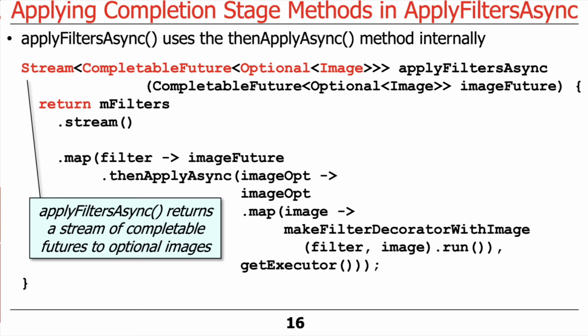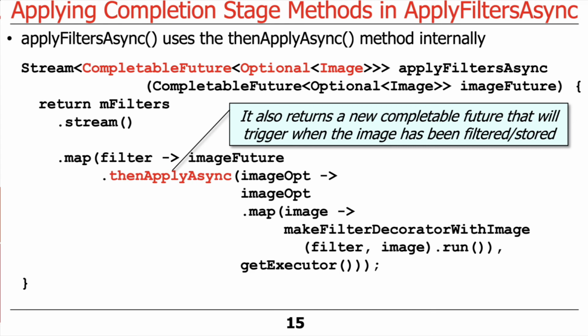This is really funky. applyFiltersAsync returns a stream of completable futures to optional images. And that is because map is going to return a stream. Notice there's no terminal operation here. Map returns a stream, and then thenApplyAsync returns a completable future to an optional image.